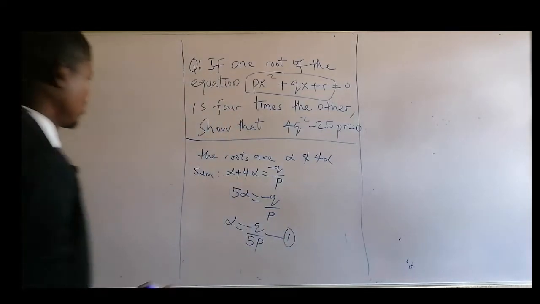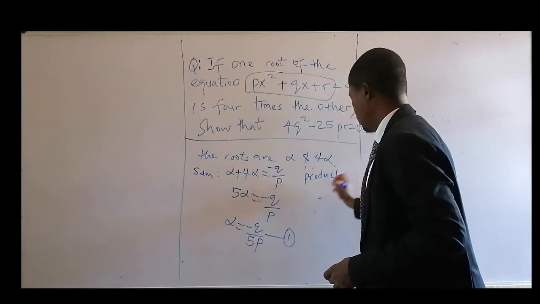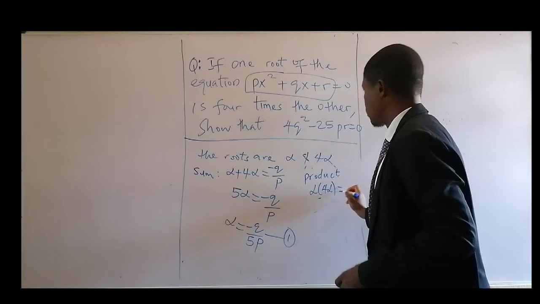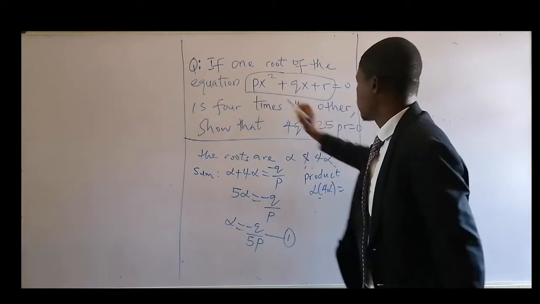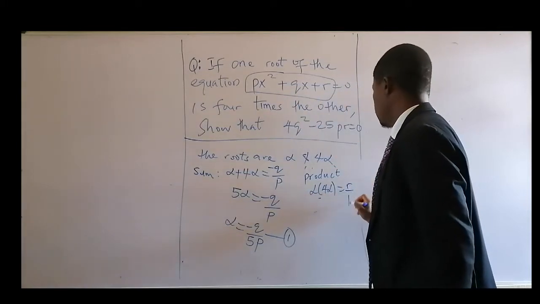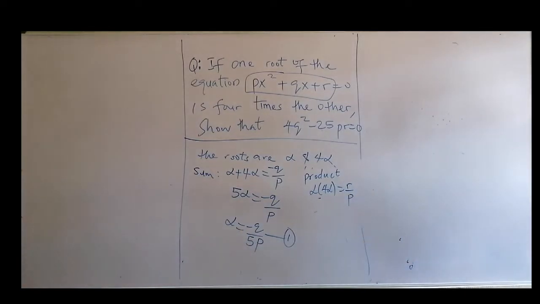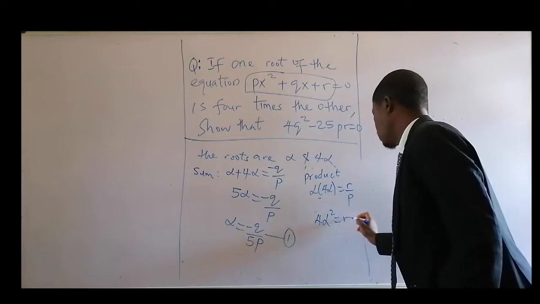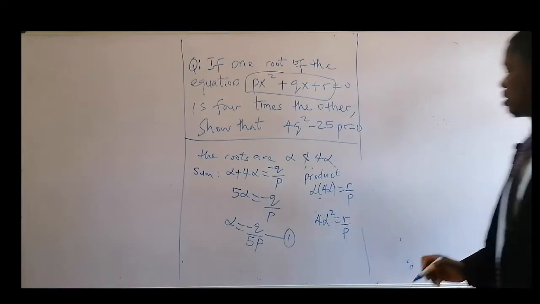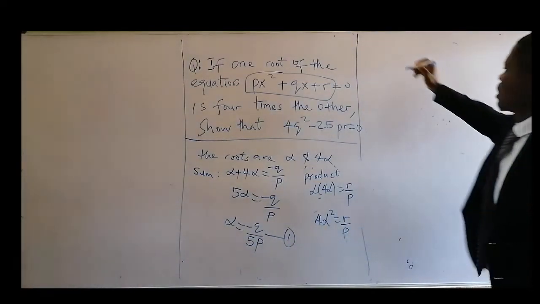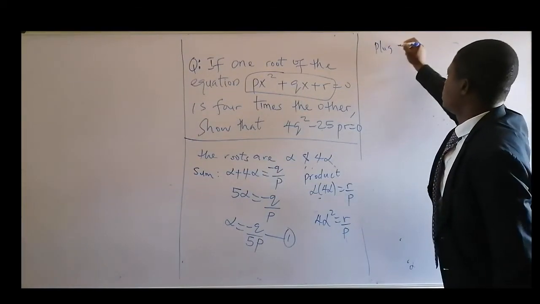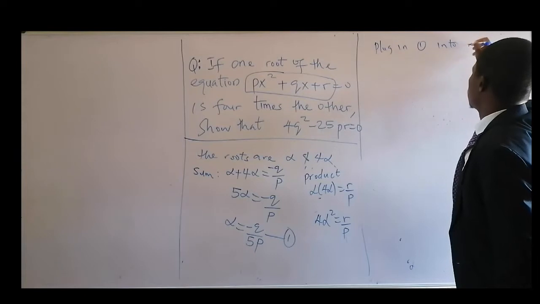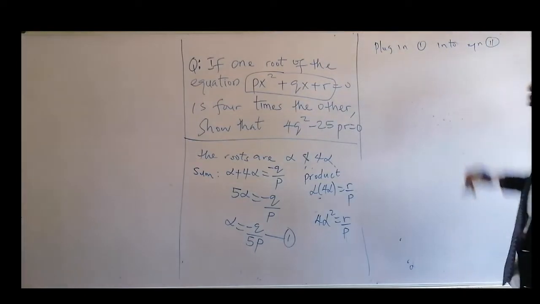Then for the product, you have alpha times 4 alpha, and that's equal to c over a, that's r over p. That's 4 alpha squared equals r over p. So plug in equation 1 into equation 2.